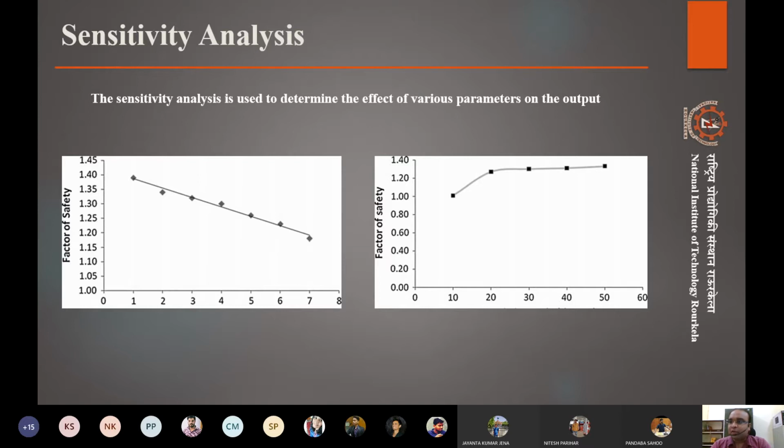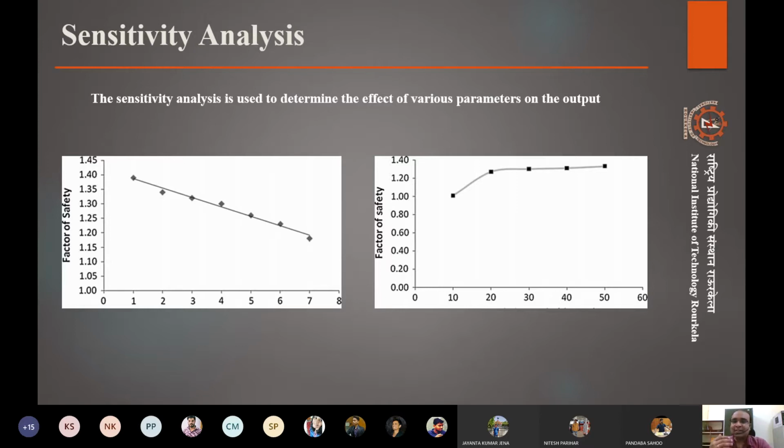When we talk about the way it is done, it basically tells us only the effect of individual variation of a single parameter.